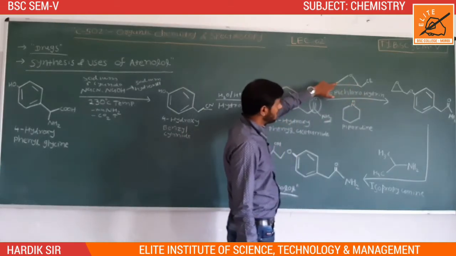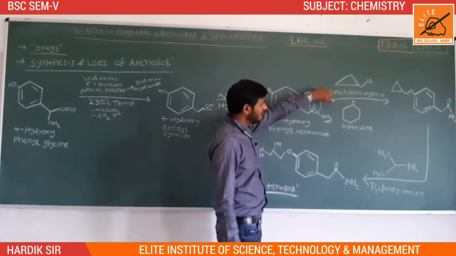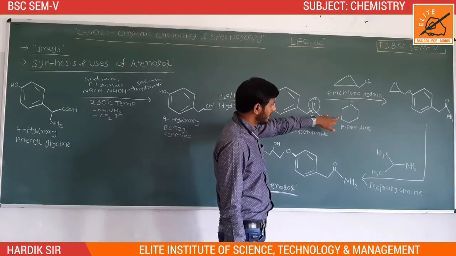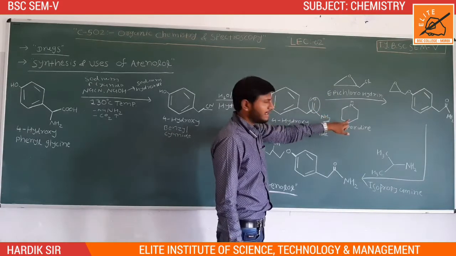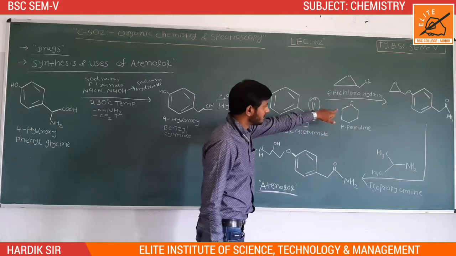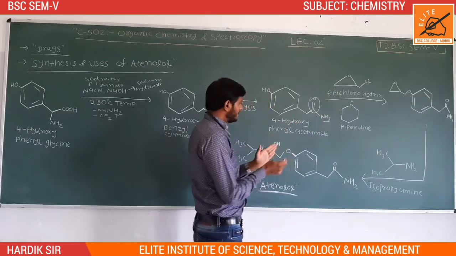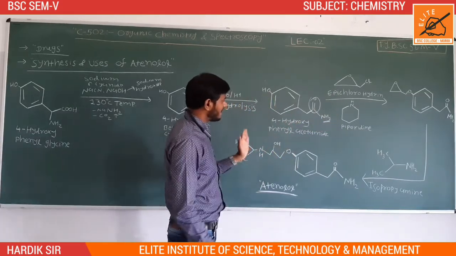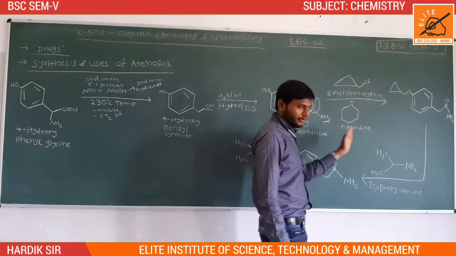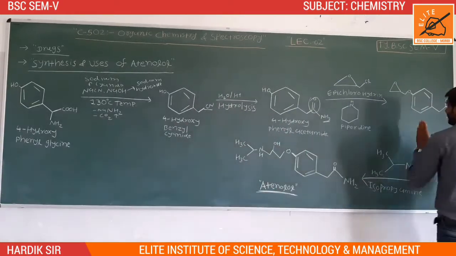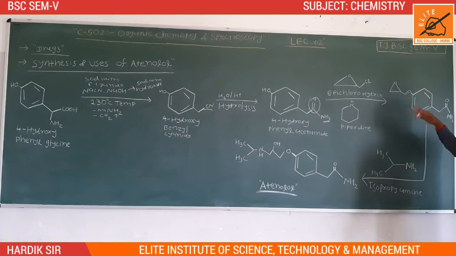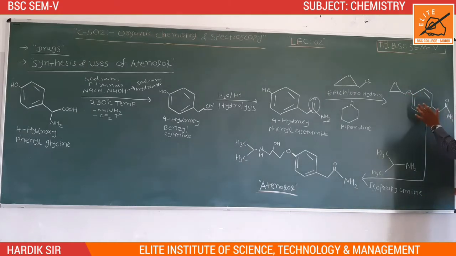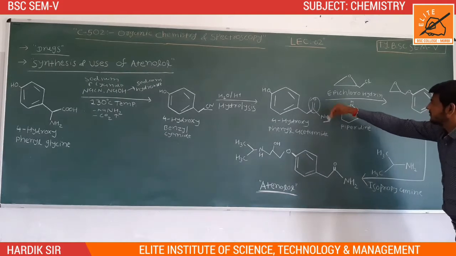This is the structure of epichlorohydrin, and the other reagent is piperidine. This is the structure of piperidine, and it reacts with 4-hydroxyphenyl acetamide to produce our third intermediate product. In this structure we see the CONH2 amide group.